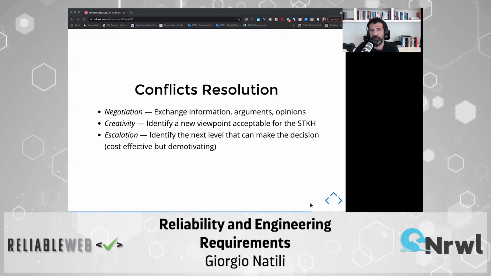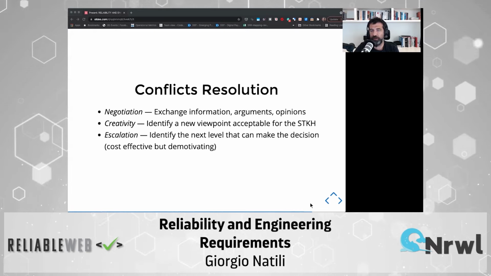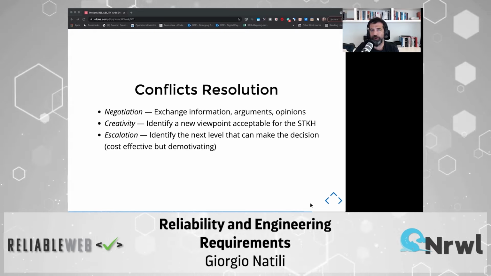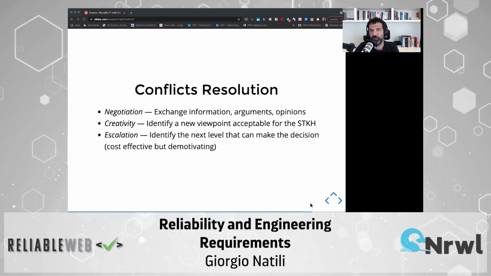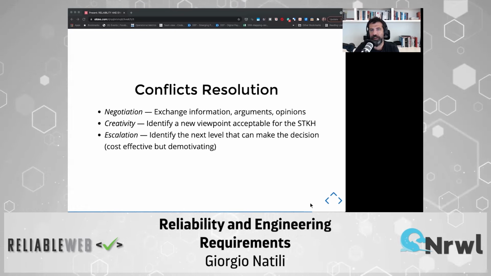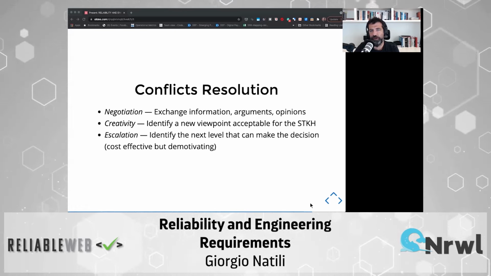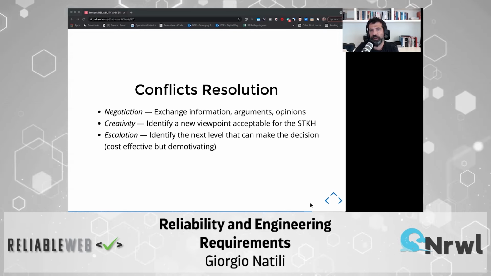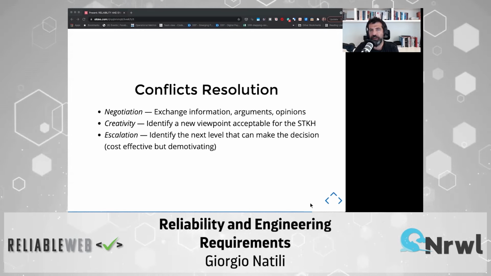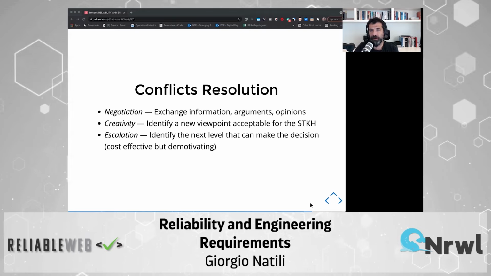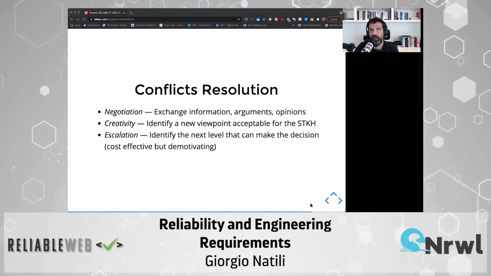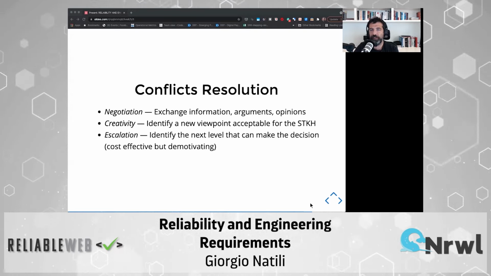Creativity. Don't be afraid when you have option 1, 2, and 3 on the table. Come out with option 4. Everyone brings their own option, and everyone is emotionally attached to their option. When you're able to identify a different one that is a different viewpoint, then you are likely to succeed on your conflicts. You can also escalate.